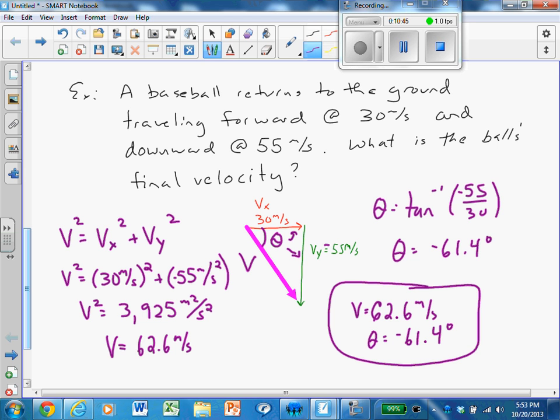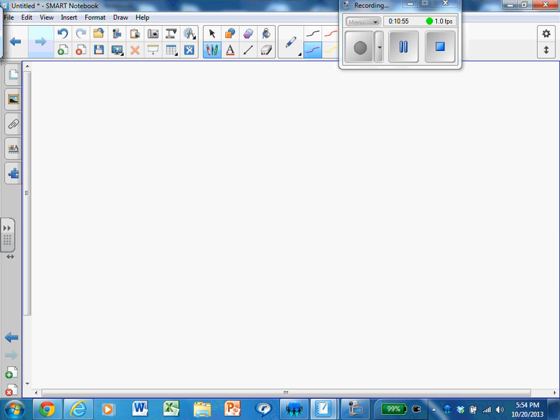Good. So as we think of a ball traveling upward in symmetric motion, it starts out with some value in the x direction and a larger value in the y, or some value in the y.